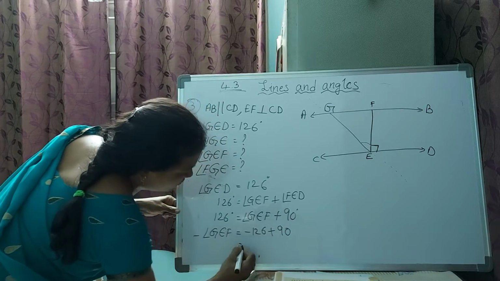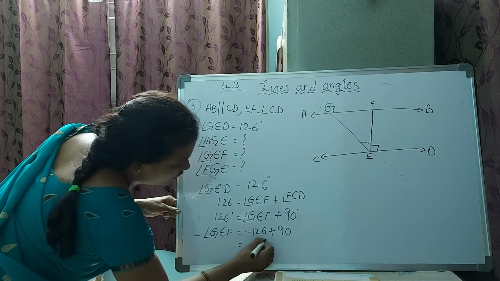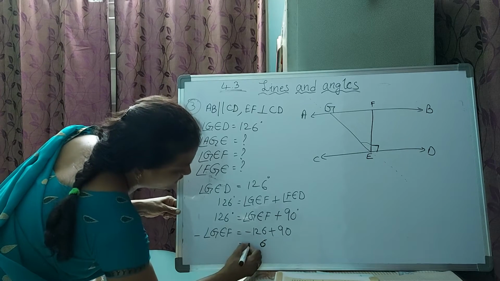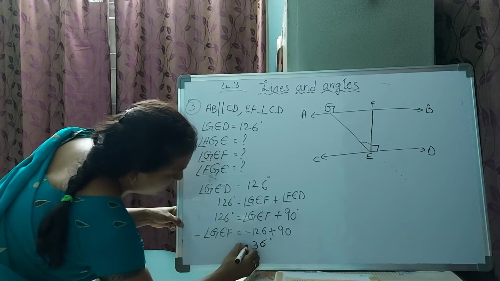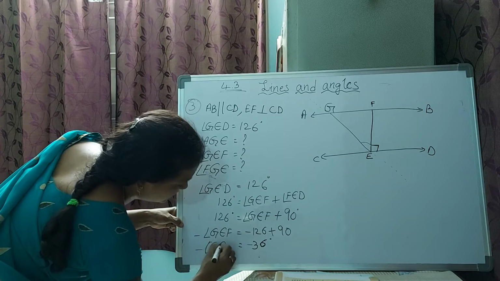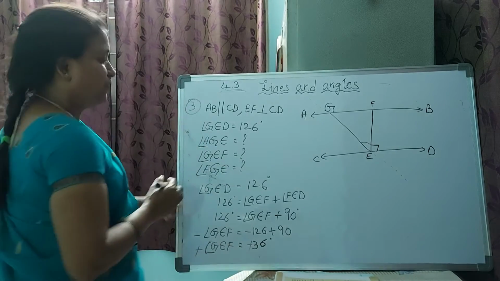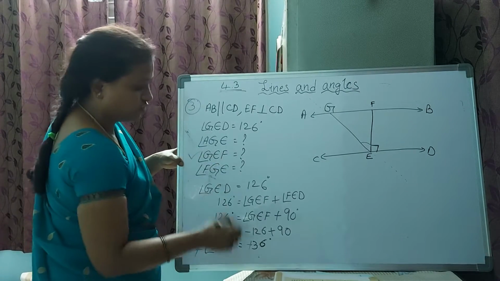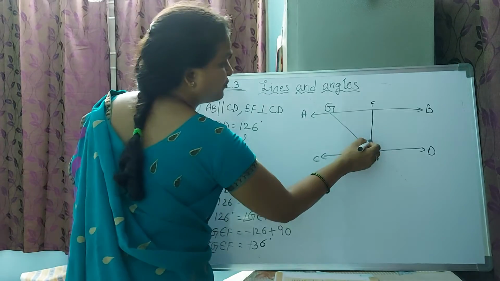So subtract, different sign, so subtract: 12 minus 9 is 3, 36 degrees. Minus 36 degrees, here also minus angle GEF. Minus minus gets cancelled, so angle GEF is equal to 30 degrees. One is completed. This angle we found.